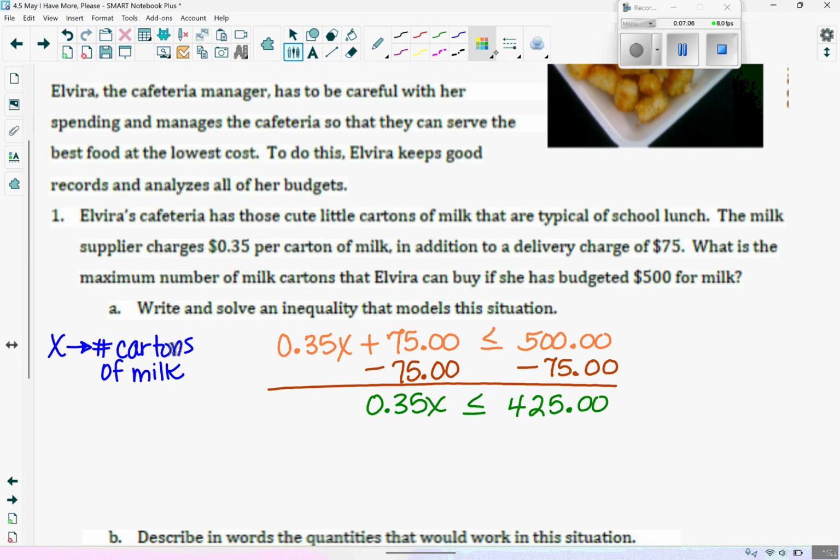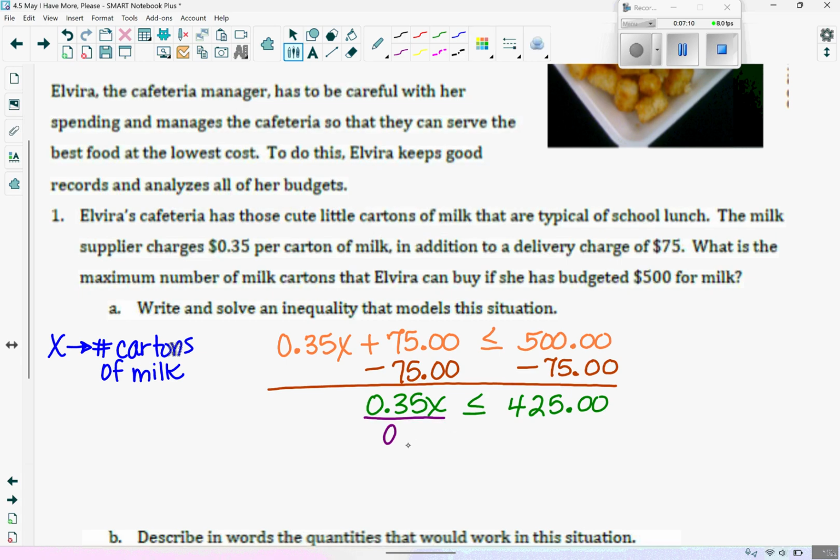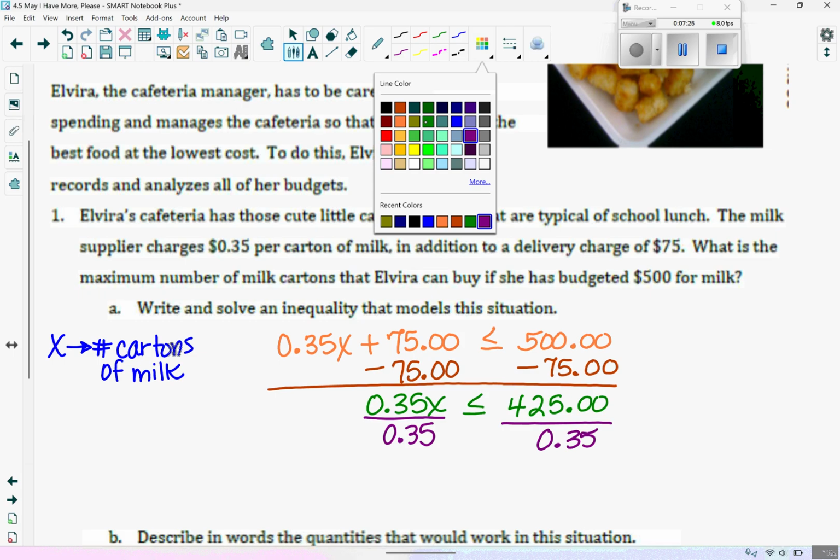Now, next thing that you want to do is you want to divide both sides by the 35 cents to see how many you can get. And what you're going to end up with is actually a decimal.